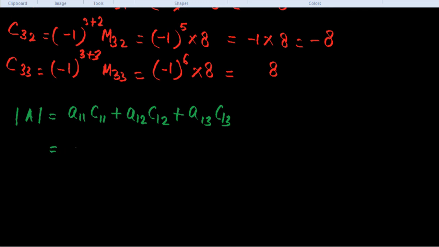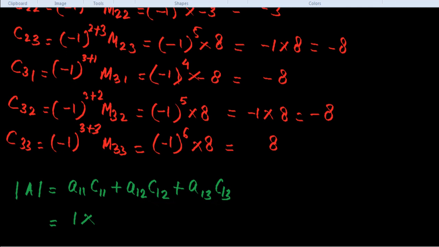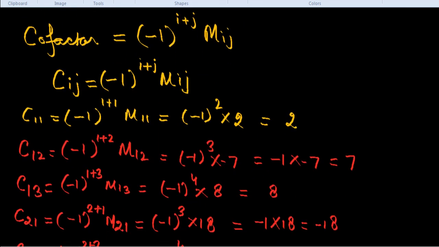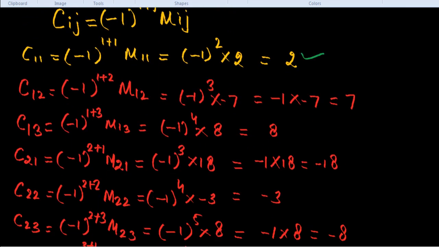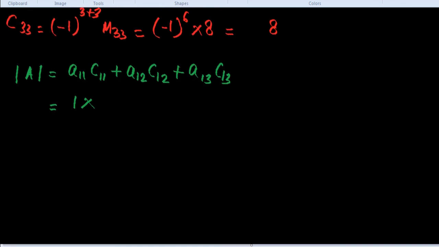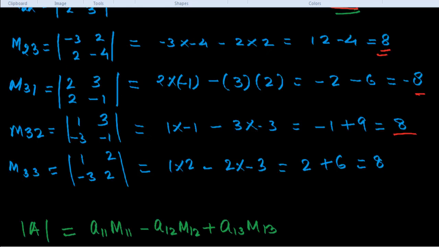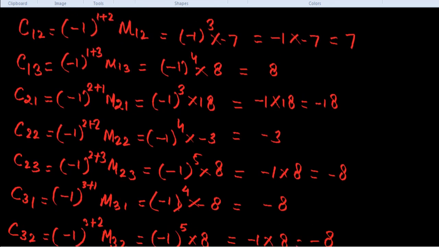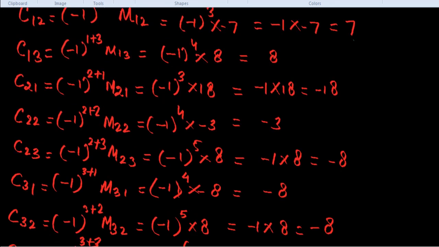So A11 we know that it is 1 here, and C11 we know that it is 2. We have to put here 2. A12 is 2, the second element, and C12, we look at this, C12 is 7 only.